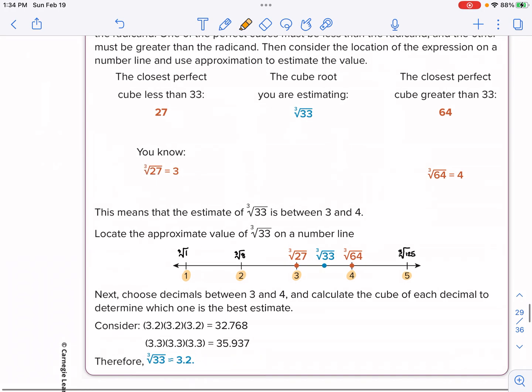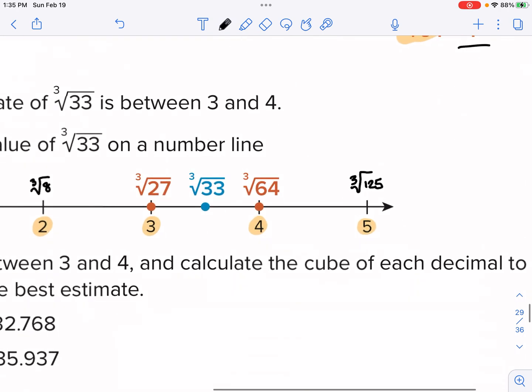Okay. So for our example here, cube root of 33, we're using that list that we made earlier and trying to figure out what it's in between. It's in between cube root of 27 and cube root of 64, which is 3 and 4. So we know it's got to be 3 point something.